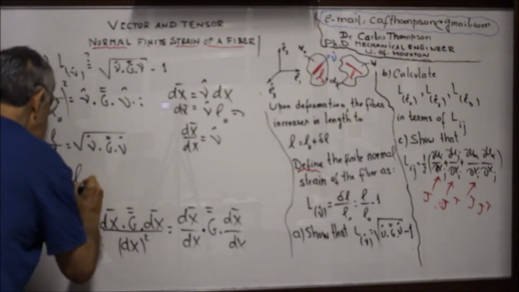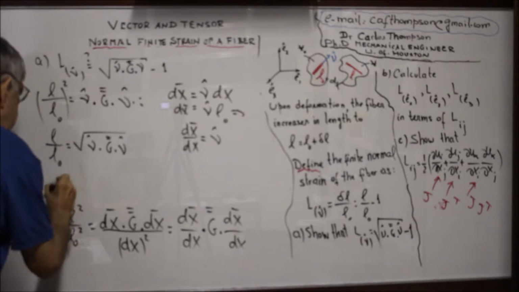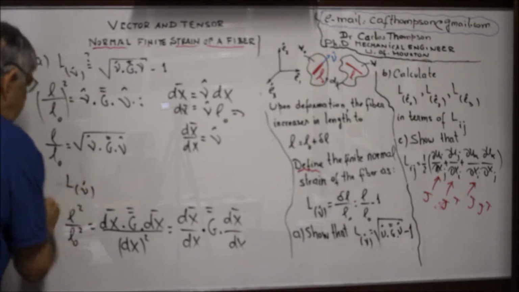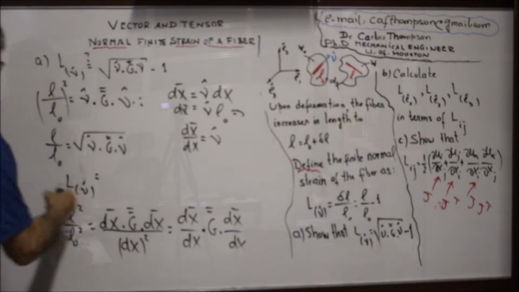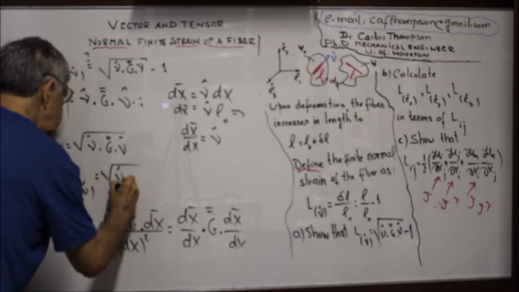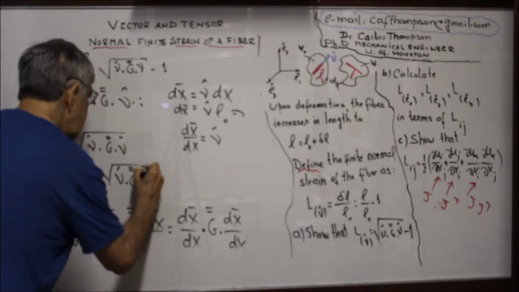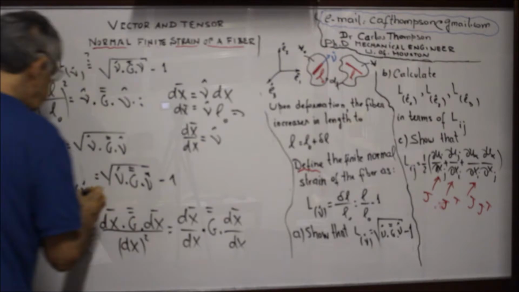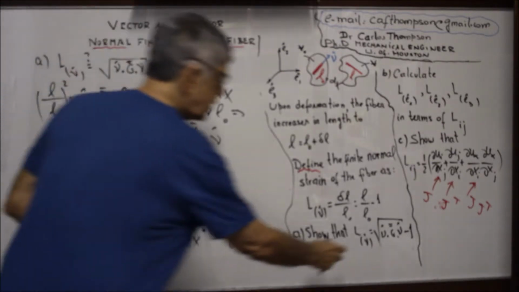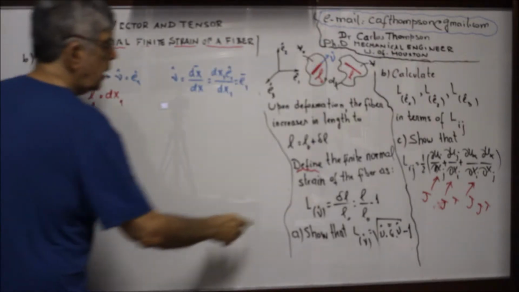So L in the direction nu is equal to the square root of nu dot the second order tensor G dot nu, minus 1. You see, that's what's written there.